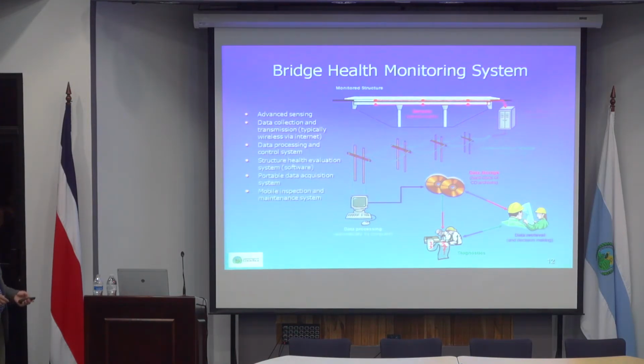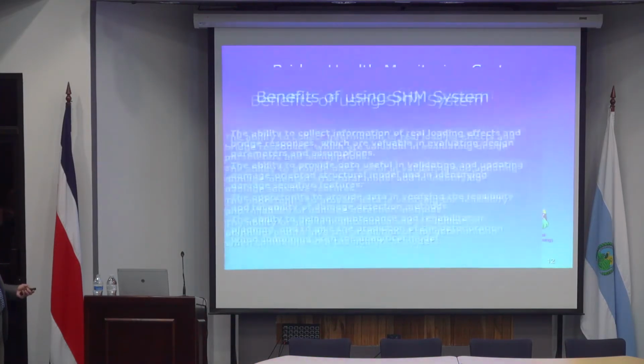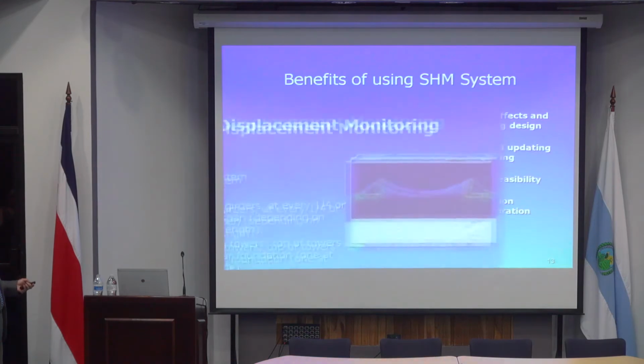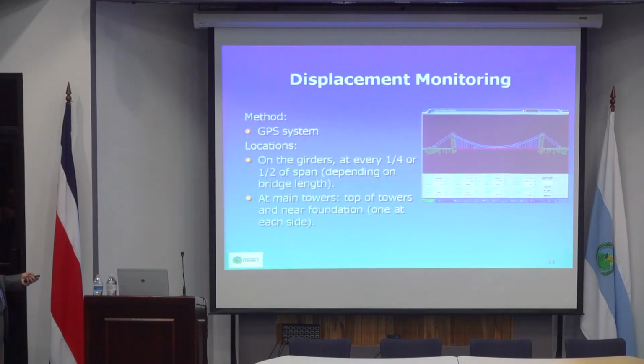So it has a lot of research value, but does not give enough value for bridge owners. As I said, there are benefits, of course, but compared with the cost, the ratio is very low. So these are the different sensors and different locations.